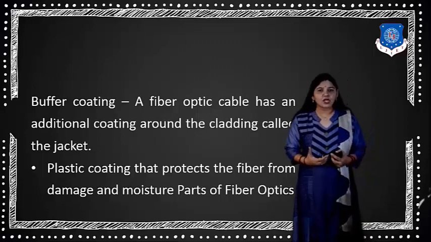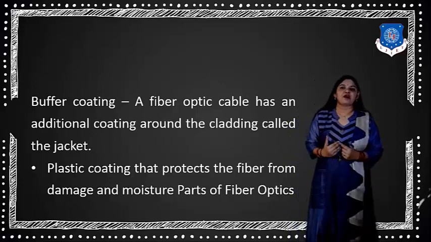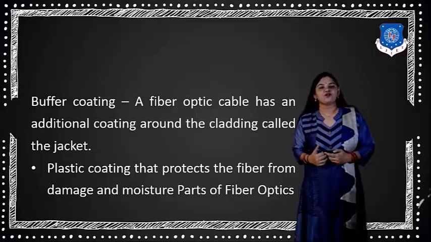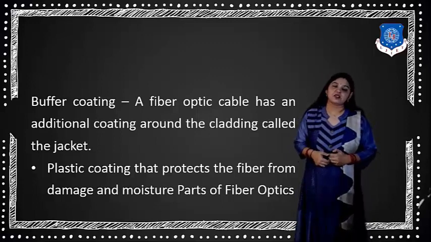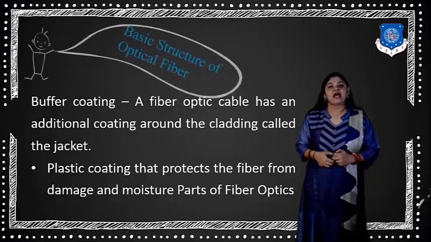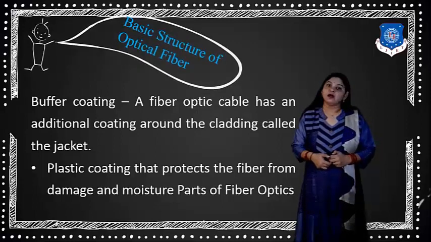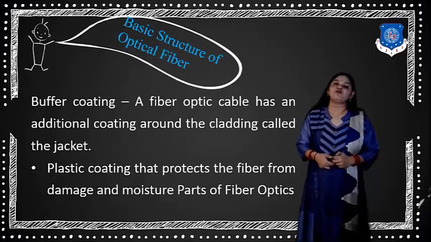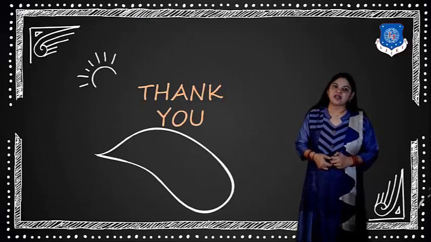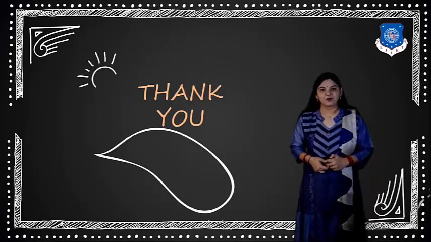It is a plastic coating that protects the fiber from damage and moisture. Sometimes Kevlar material is used as a jacket, and it protects the fiber optic cable from changes in the atmosphere.